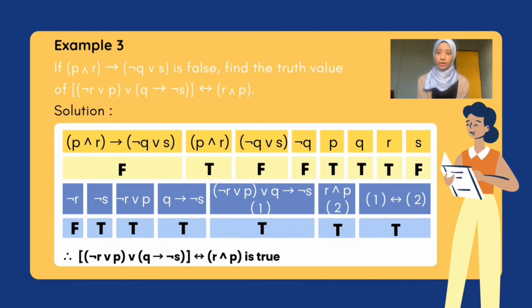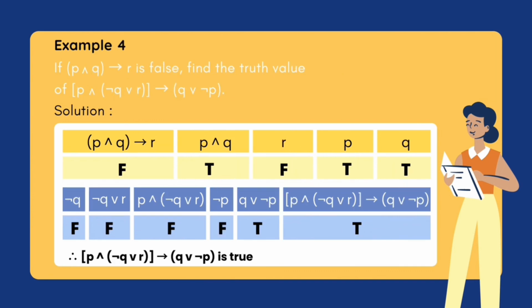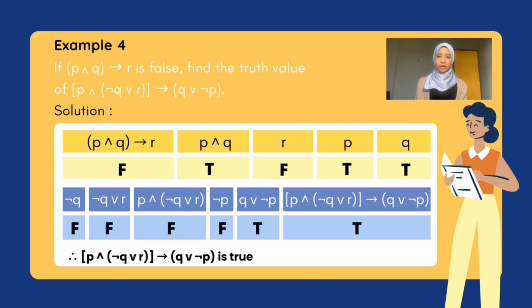And then from that, statement 1, not R or P, or Q implies not S, if and only if statement 2, which is R and P, the answer is true. So the conclusion is that not R or P, or Q implies not S, if and only if R and P is true.